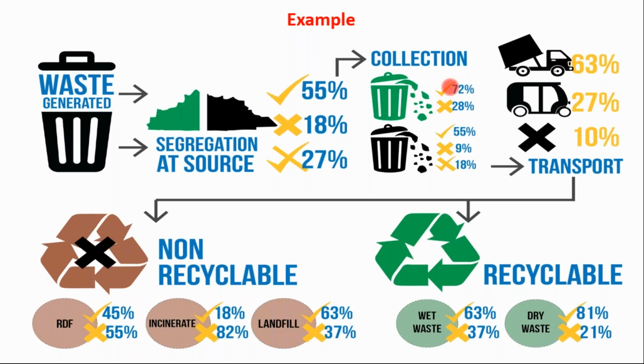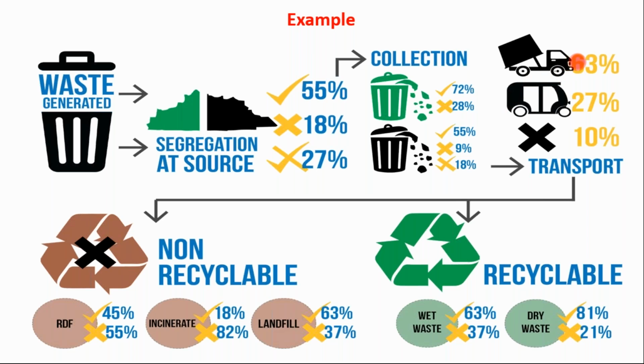So only 72% is mainly collected, and in these different criteria, only 55% is collected. This 28% is in the environment, that may be on the road, in the pipelines, in the sewage lines, or lying on the open ground, etc.